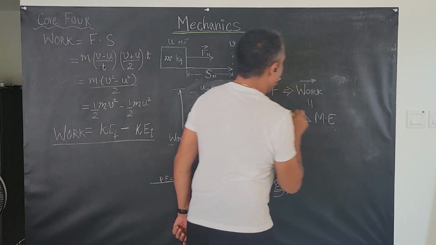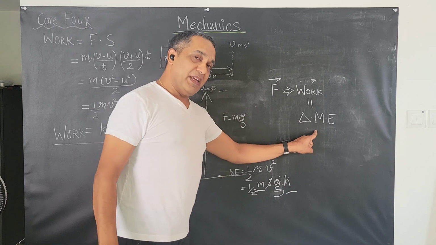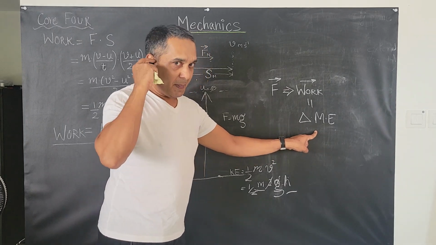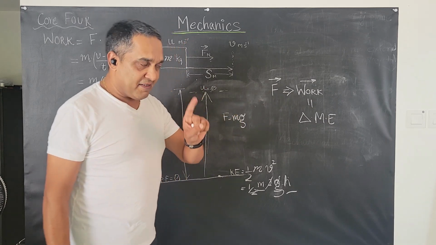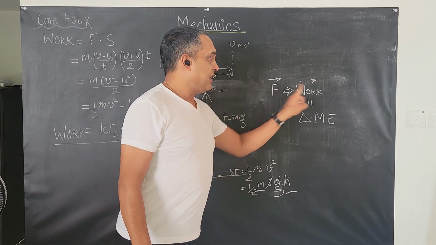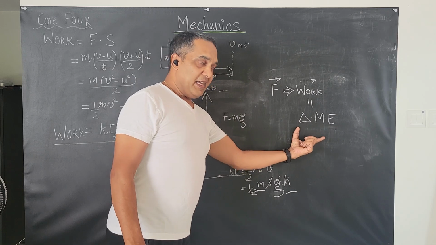If there was no force at all, and only gravity existed, there would be no change in mechanical energy. As soon as a force comes into being other than gravity, then that force does work, and that work is basically the transfer or the increase in mechanical energy.